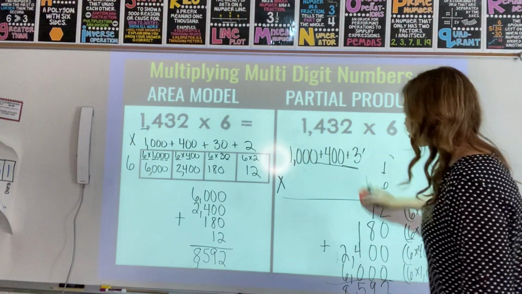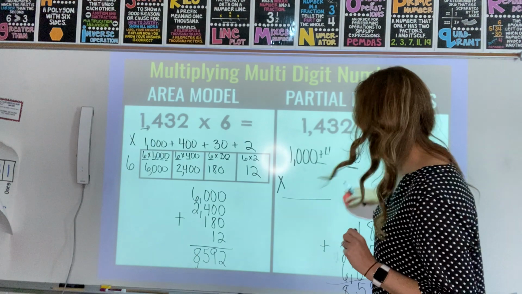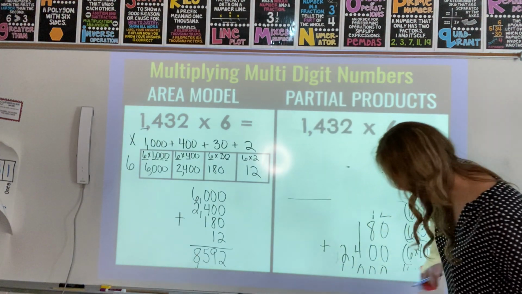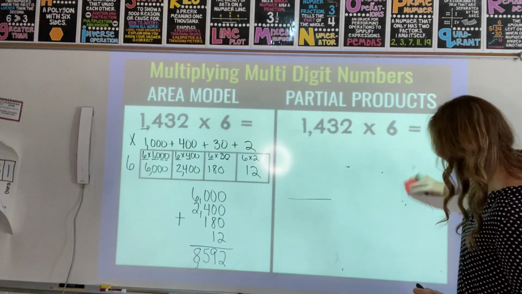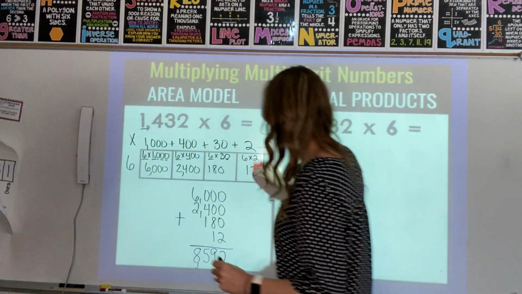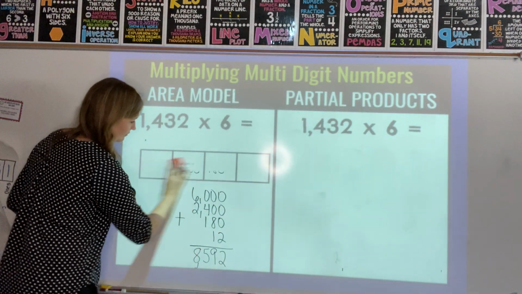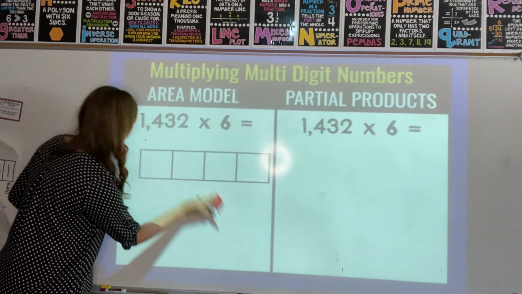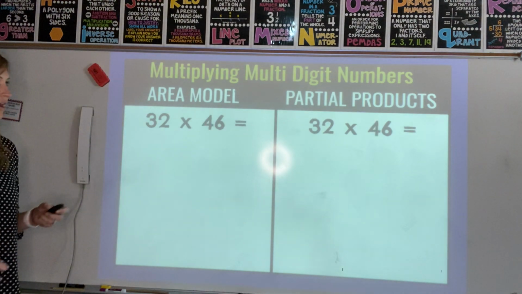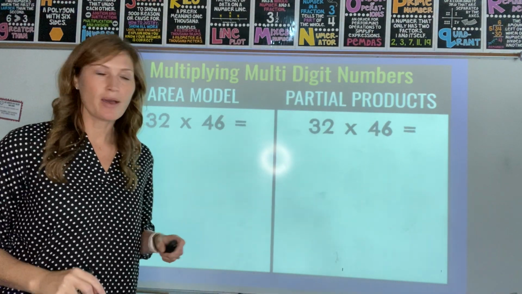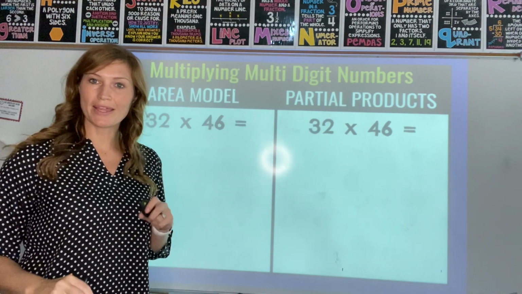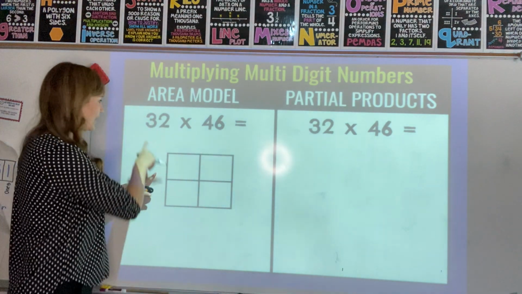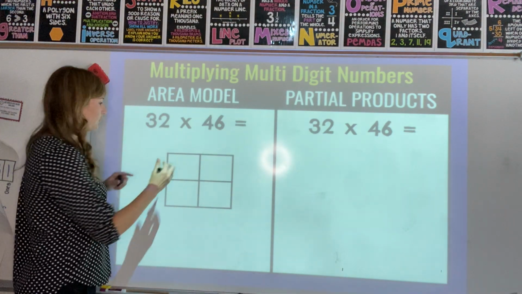All right, I'm going to show you a 2-digit times 2-digit using both of these strategies once again. So first off, with the area model, I'm going to go ahead and create a 2x2 box. And I'm going to break my numbers down into expanded form.